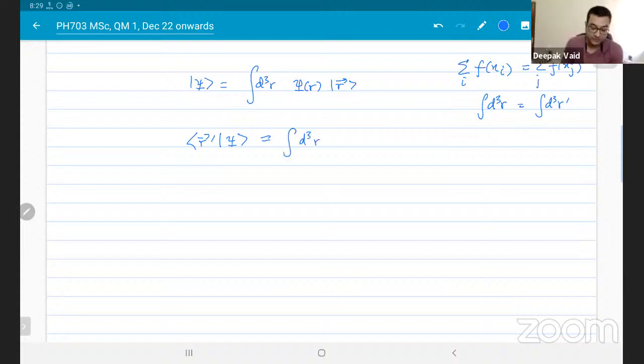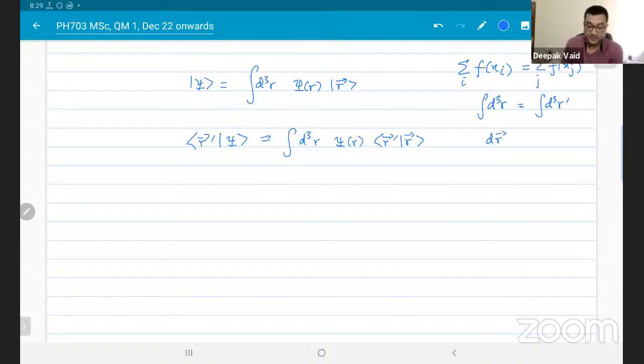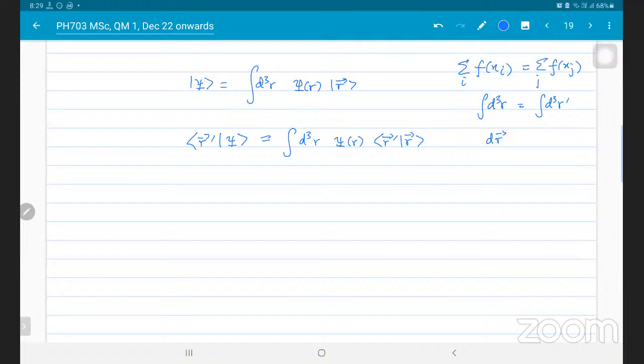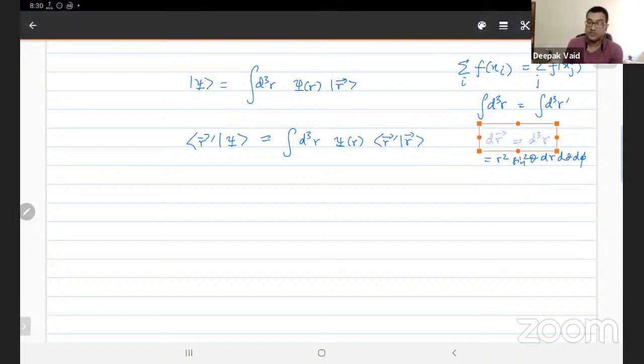Acha, what was the question that Vipul was asking, by the way? Why not dr, sir? Well, you mean like this, d vector r? It's the same thing, na? Whether I write d cubed r or r squared sine theta dr d theta d phi, this notation means the same thing, na?